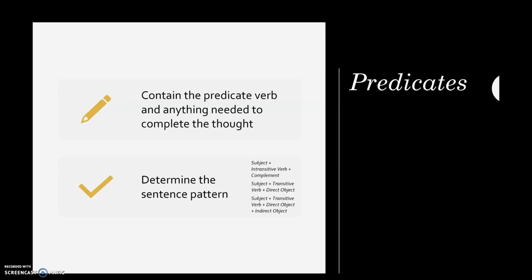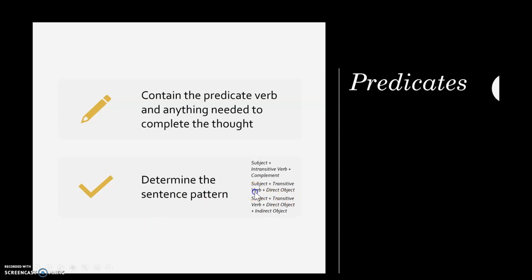And then a subject plus transitive verb plus direct object plus indirect object. So that's the subject plus the action that is being received by the direct object plus who is receiving or doing the recipient of the direct object.